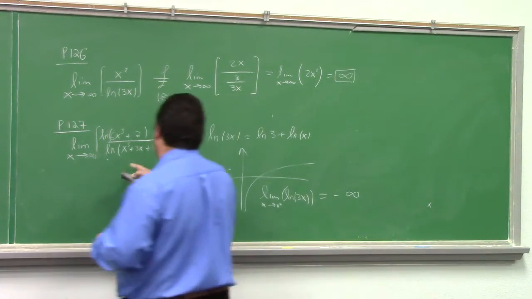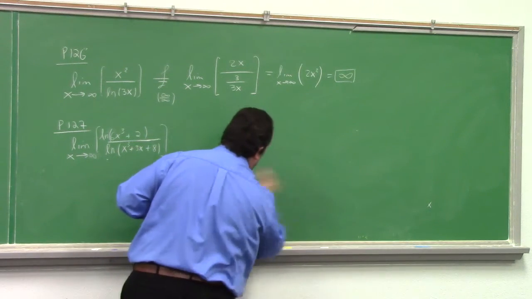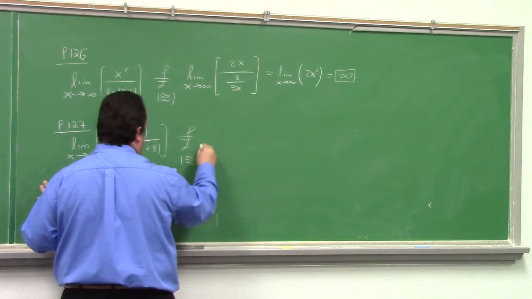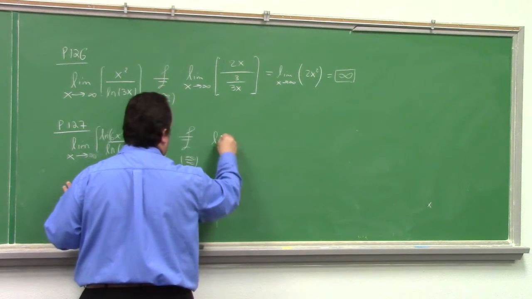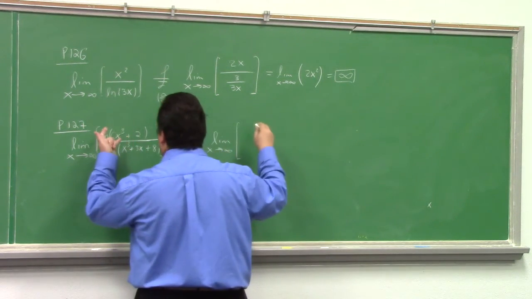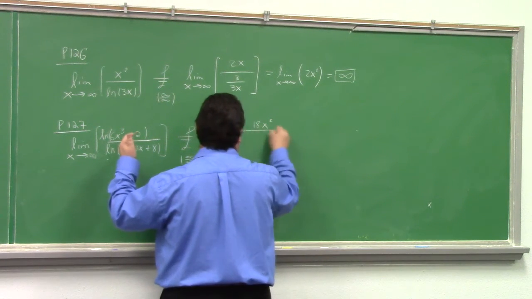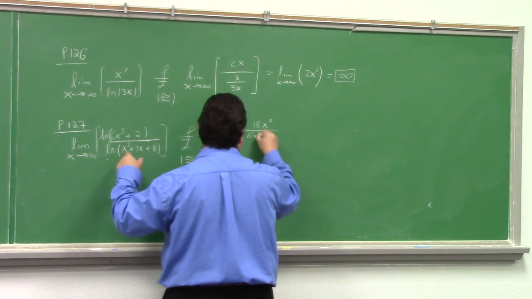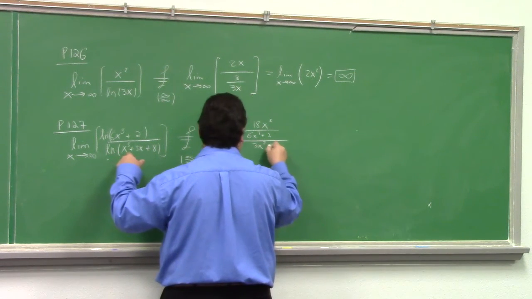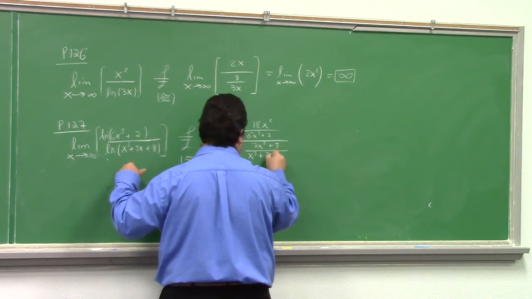Now, like this one, this is going to infinity, that's going to infinity. We can apply L'Hopital's rule, type infinity over infinity. So I get derivative of the top gives me 18x squared divided by 6x cubed plus 2 divided by 3x squared plus 3 divided by x cubed plus 3x plus 8.